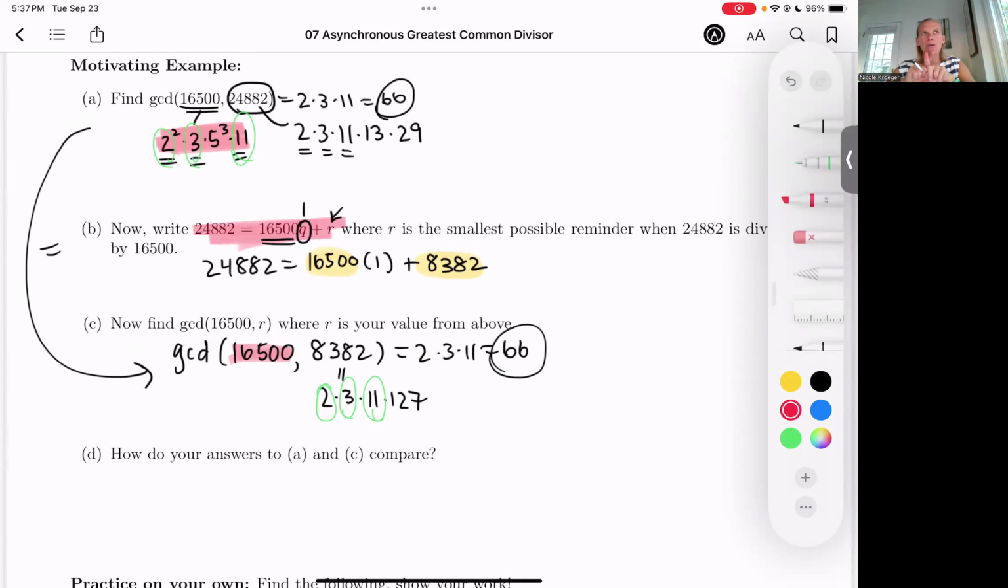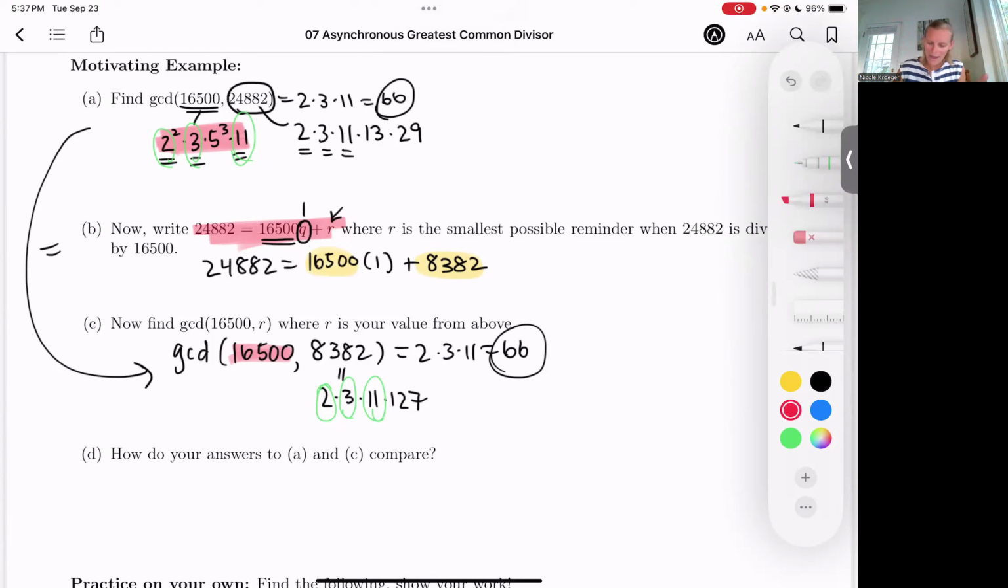And so this is why the Euclidean algorithm is going to work, because we're going to keep replacing our original pair of numbers with pairs of smaller numbers, and the GCDs are going to be equal all along. So as we break this down, we're not actually changing the GCD.